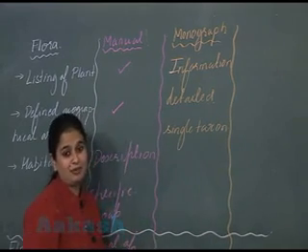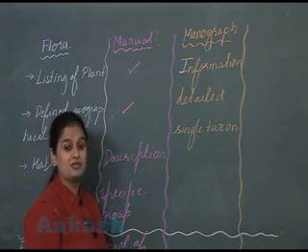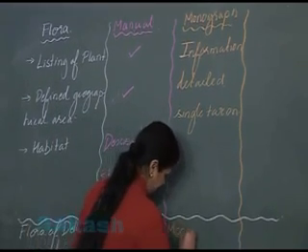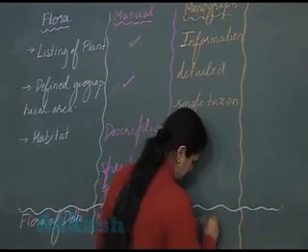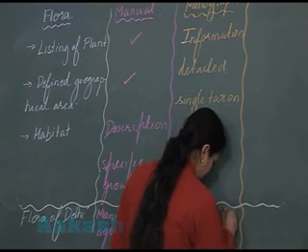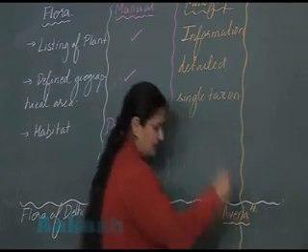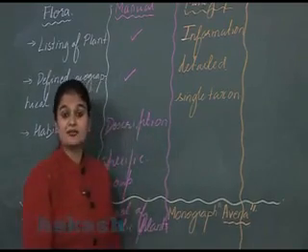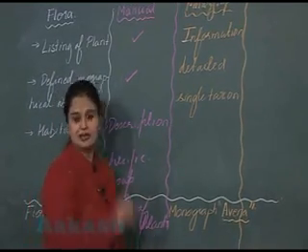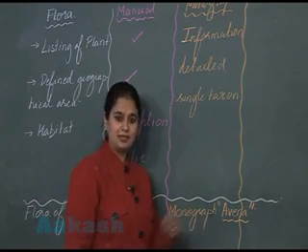Now one example which I can cite here is monograph of the genus Avena. Avena is the scientific name for oat, the generic name for oat. Nowadays, what is happening?